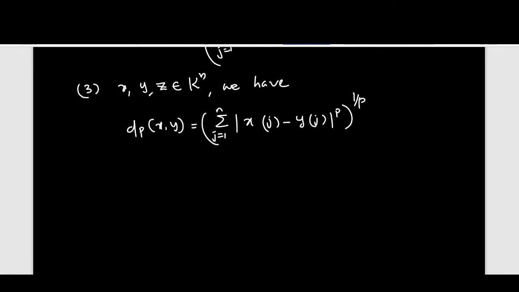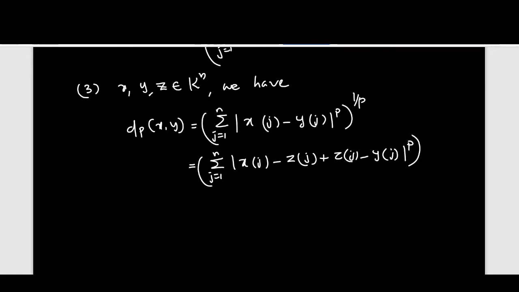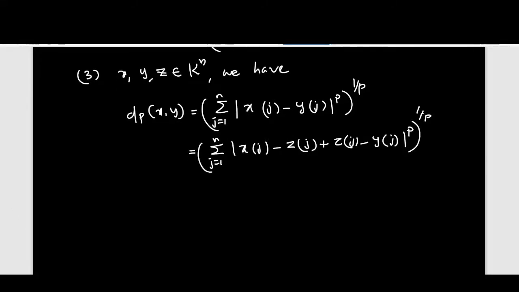So this is equal to summation j varies from 1 to n, |x_j, we subtract and add z_j, so minus z_j plus z_j minus y_j|^p, whole raised to 1 by p.